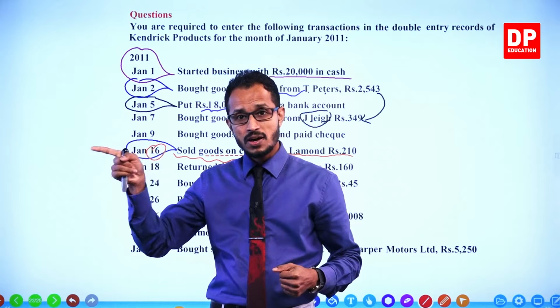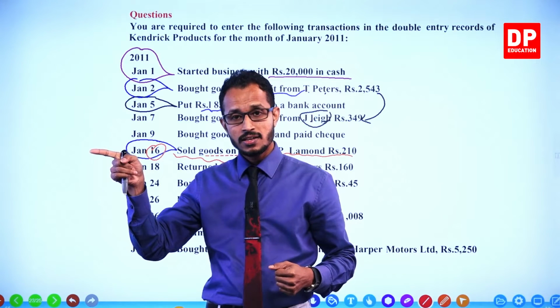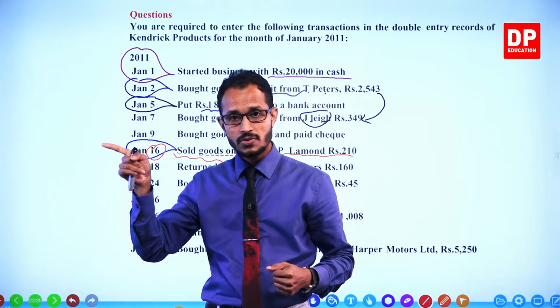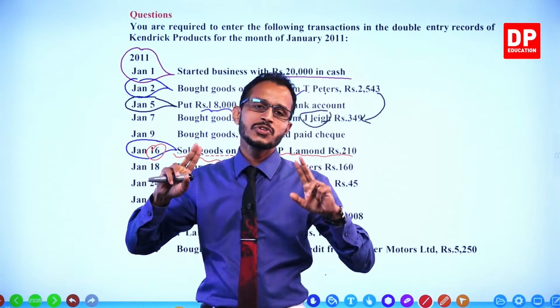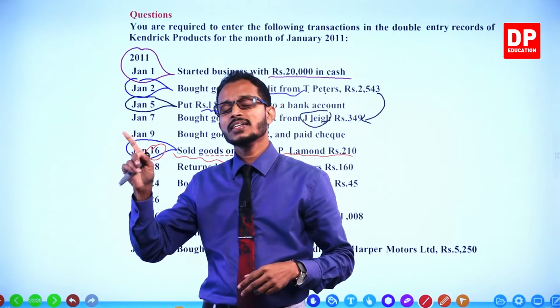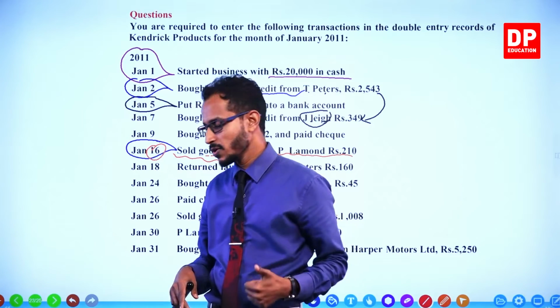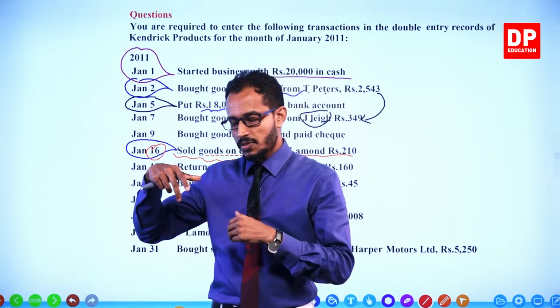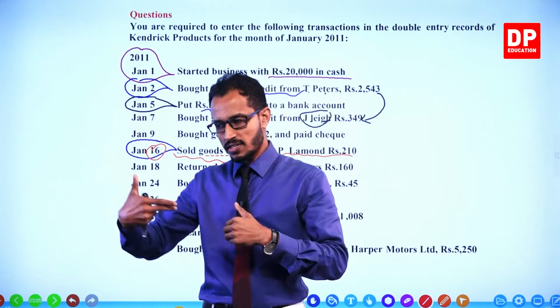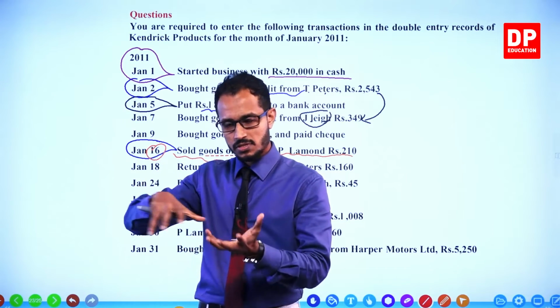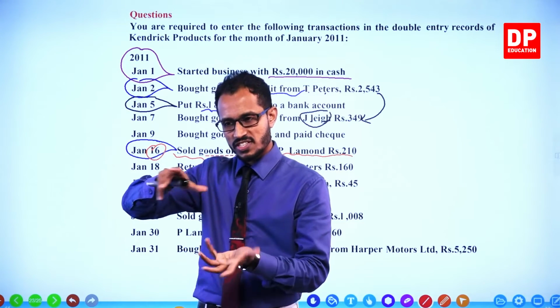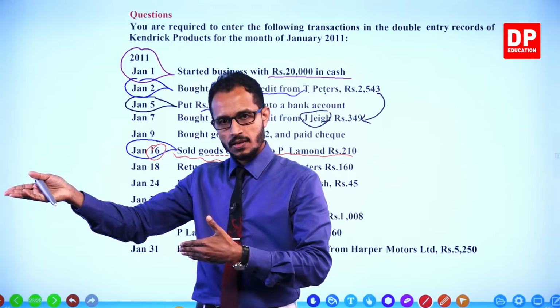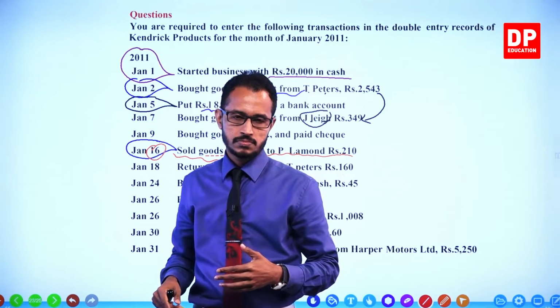That makes him a creditor. No, that makes him a debtor. Good. The people who are owing us, our customers, who buy goods, we sell goods to them, those are debtors. Okay?